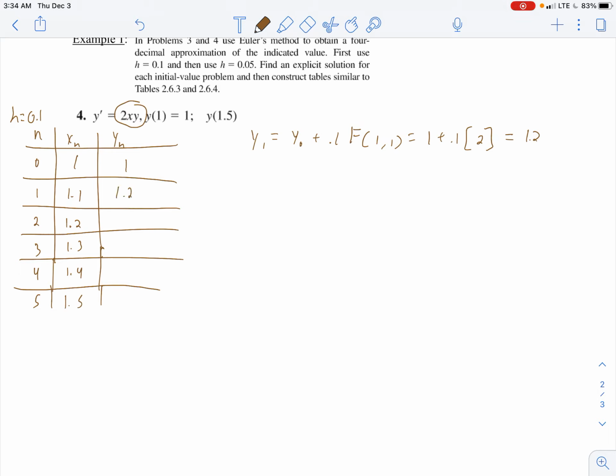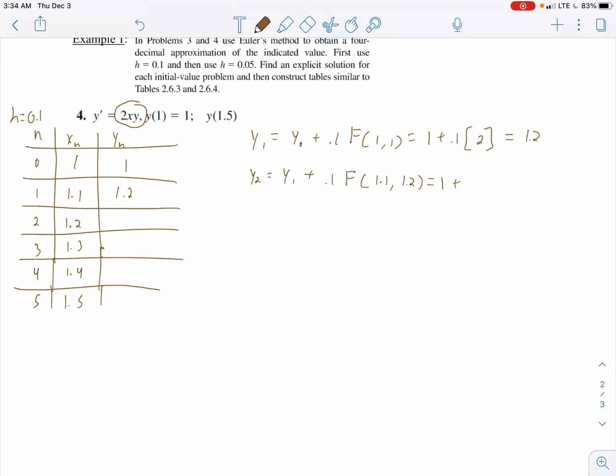Now I'm going to do it one more time. I want to find y sub 2 because I'm not going to do this over and over and over again, so that you can find all your values. So we have y sub 2, so that's just going to be y sub 1 plus 0.1 times f of the previous x, which is going to be 1.1, the previous y, which is 1.2.